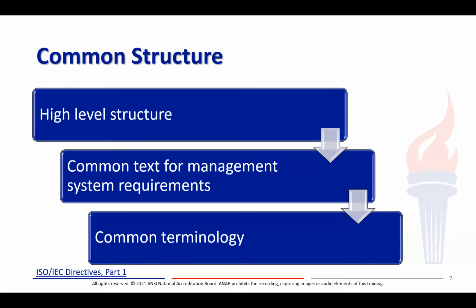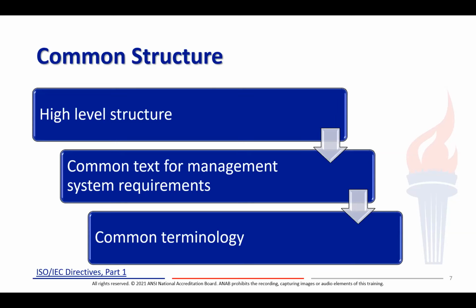All ISO standards begin with clauses 1 through 3, which cover the scope, normative references, and terms and definitions. As the technical standards are revised, Clause 8 is reserved for management system requirements. Those requirements are aligned as much as possible to the management system requirements in ISO 9001 through common text for the management system requirements, along with common terminology.